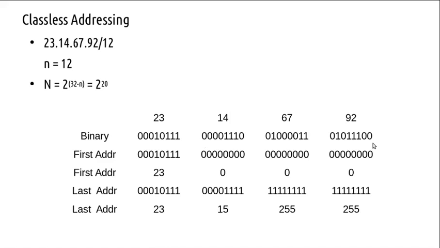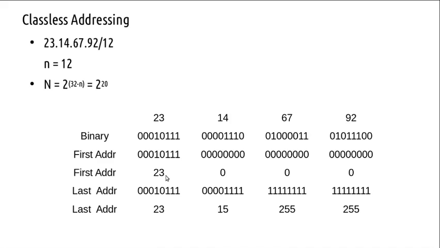Now for the first address, you maintain all the bits up to the 12th bit. So 8, 16, so 8, 9, 10, 11, 12. I'll maintain all the bits up to here the same, and the rest are 0.